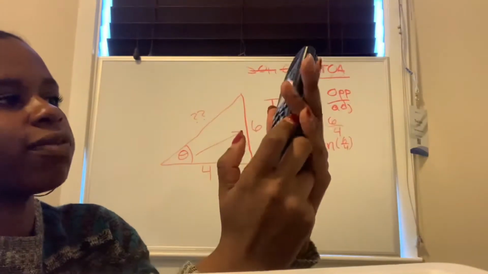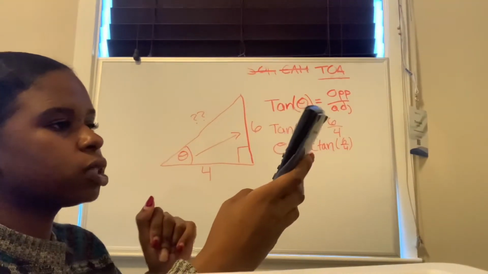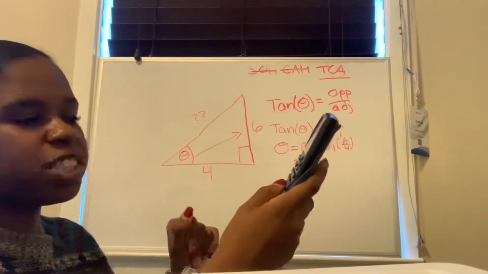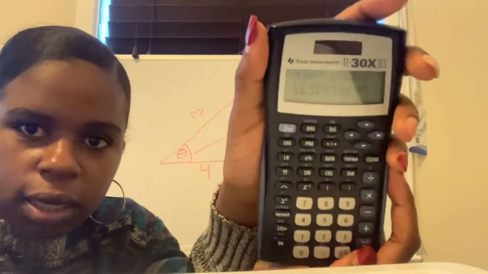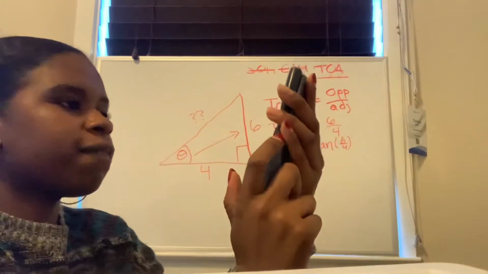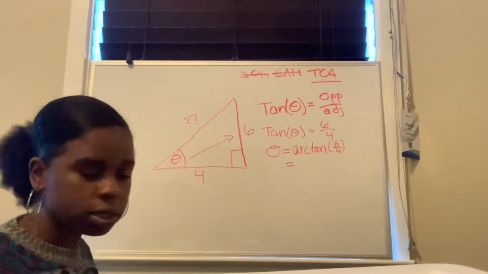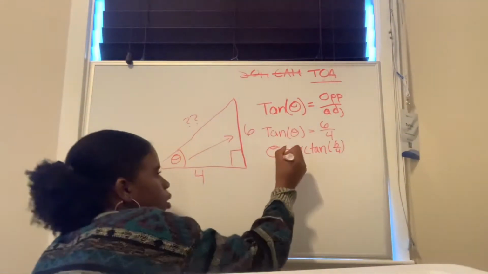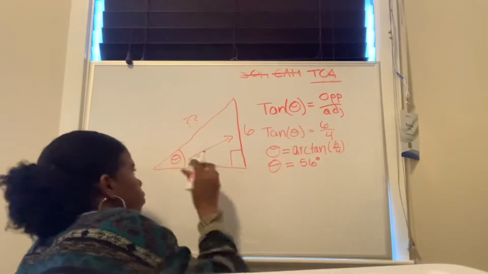Tan to the -1 power. 6/4. I'm just going to go ahead and do 6/4. Don't want to make any mistakes. Hit that enter button, and we get 56.3. I'm going to round and just say 56. Theta equals 56 degrees.